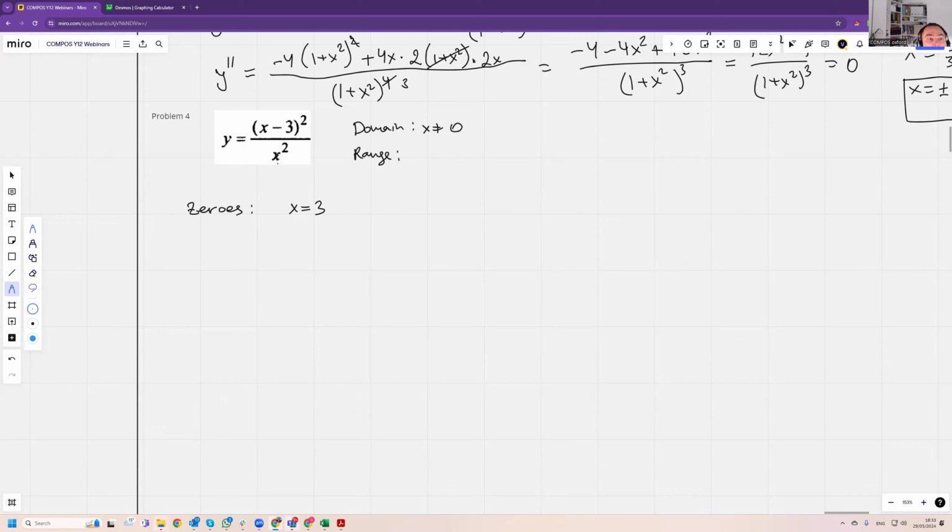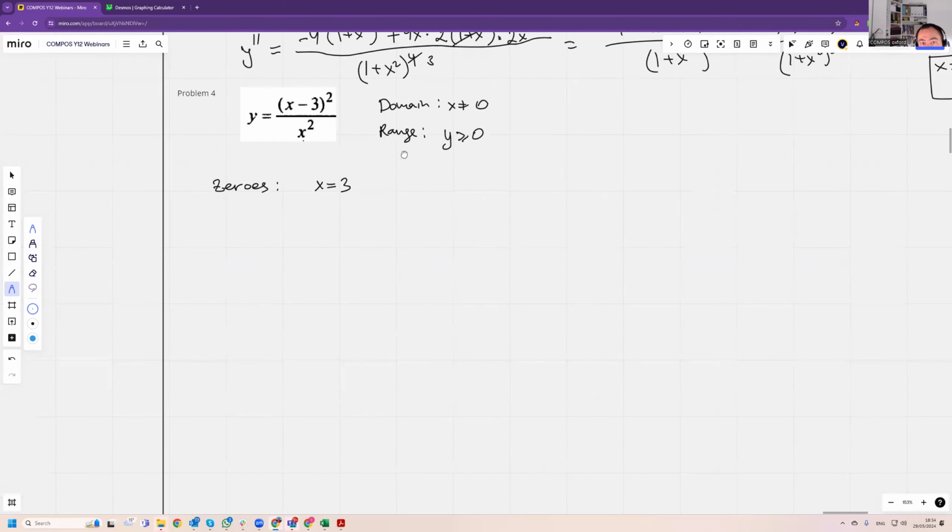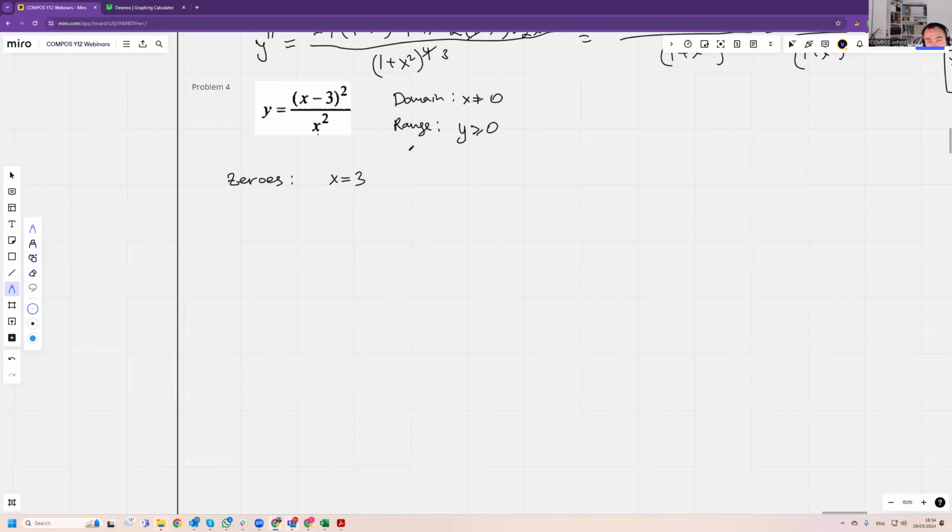Is there a minimum value though? Oh, y can be 0. So y is greater than or equal to 0. I'm pretty confident with that. Okay, that's good.